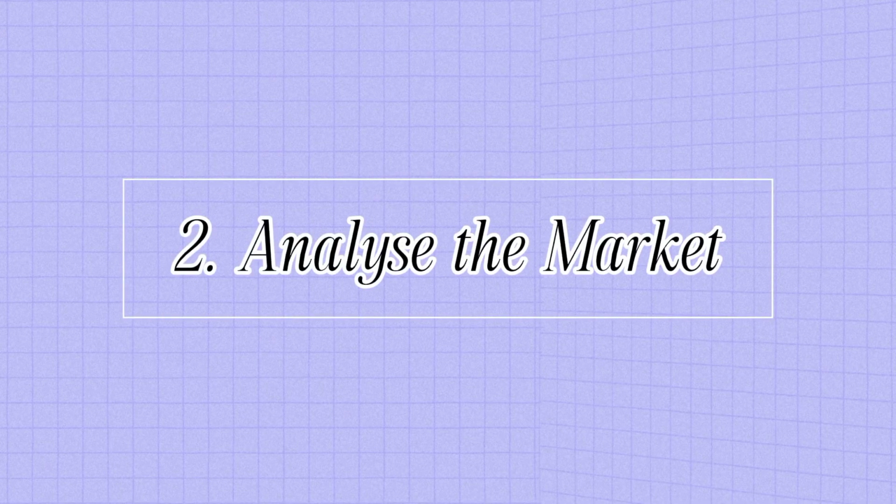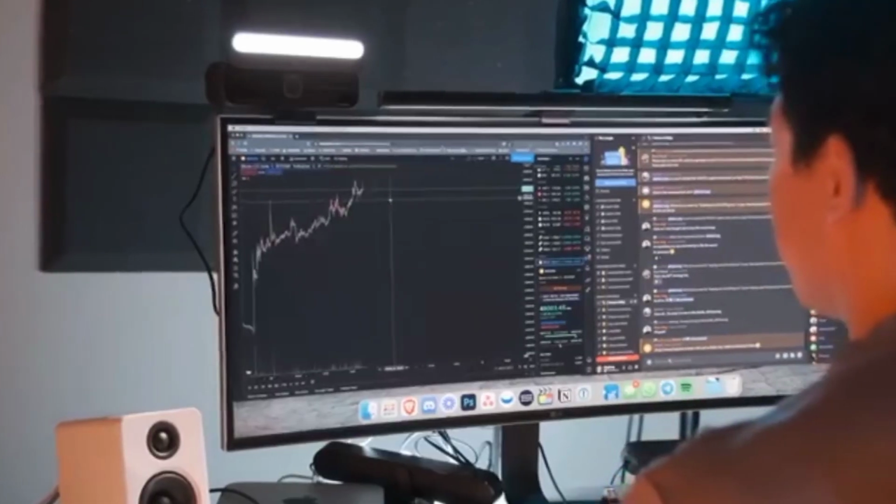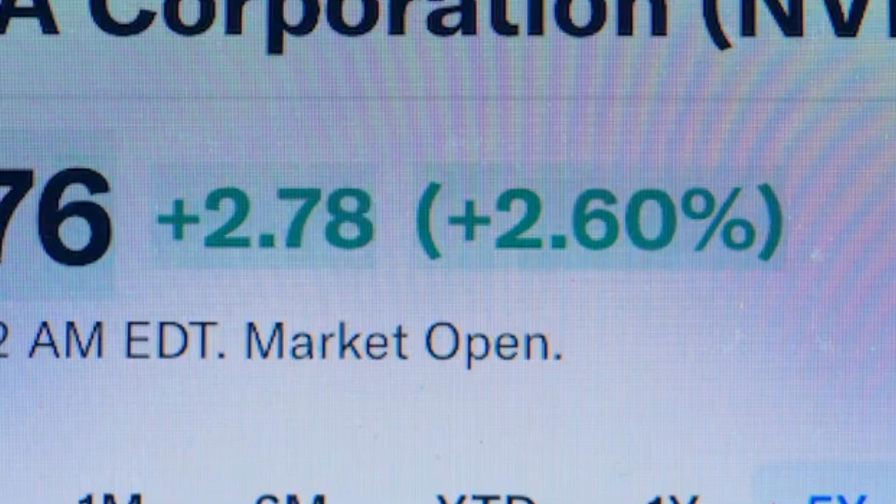Number two is to analyze the market of the project. So analyze the market, check if it has been listed already, check the market trends, check how it has been moving. If the project is related to, let's say, AI, for example, now we know that AI is a big narrative, everybody's talking about AI. So you know that okay, this project has good prospects.